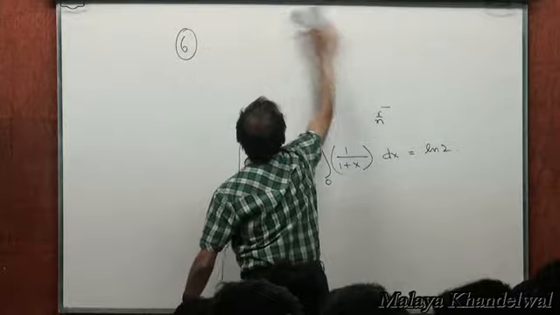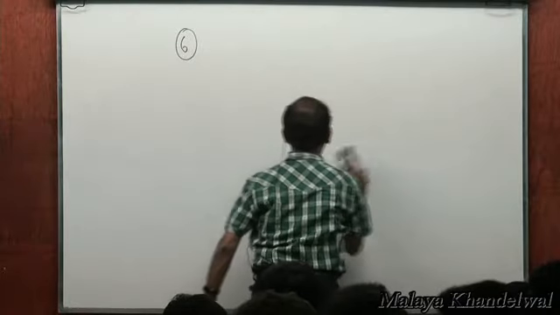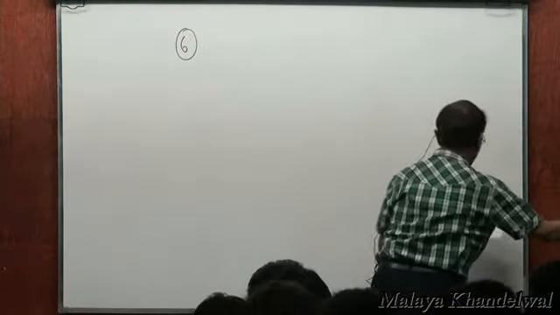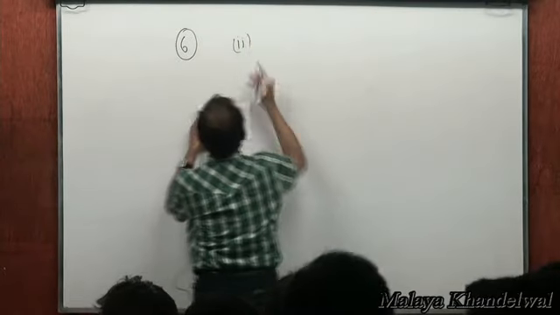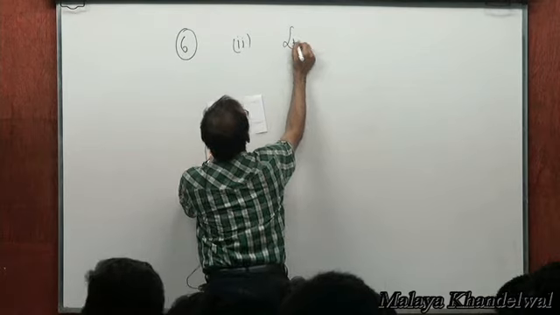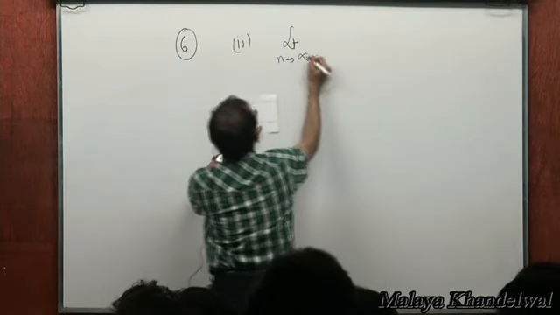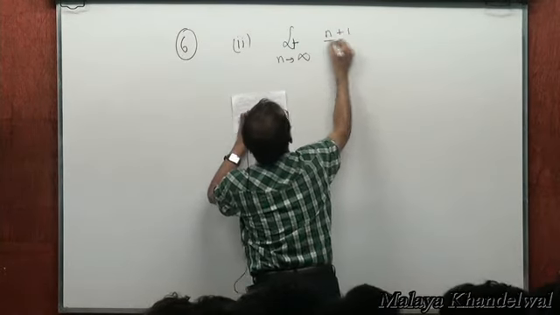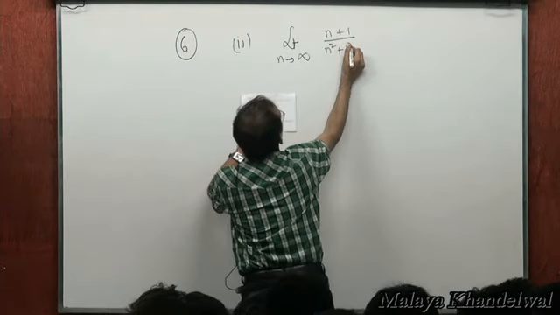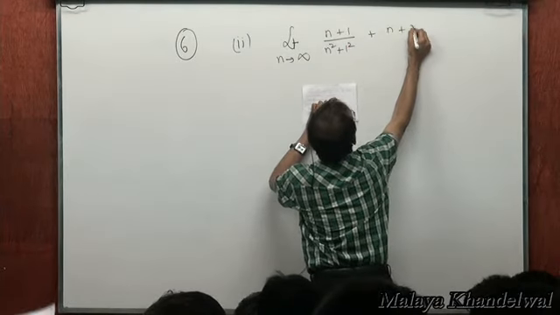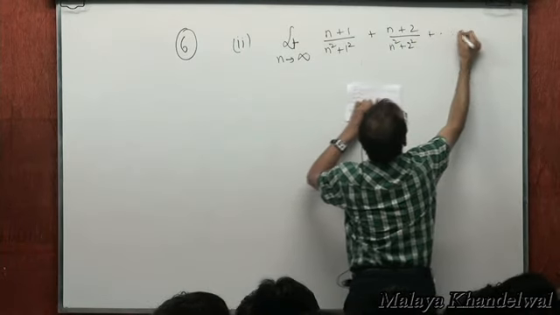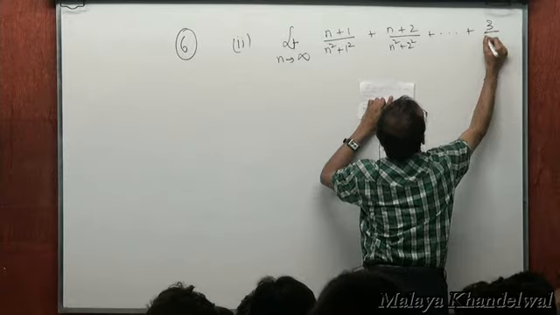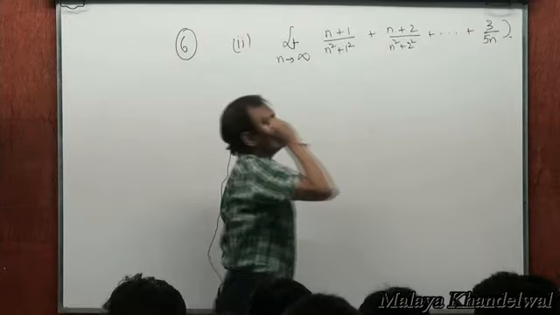Now, let me also illustrate the next one belonging to the same category, problem 2. Limit n tending to infinity, n plus 1 by n squared plus 1 squared, n plus 2 divided by n squared plus 2 squared, up to 3 divided by 5n as n tends to infinity.